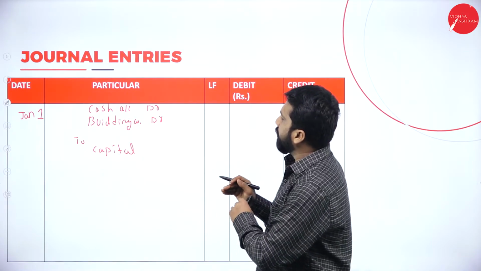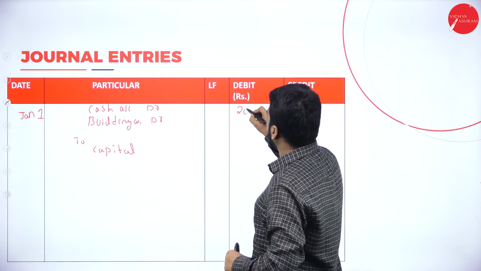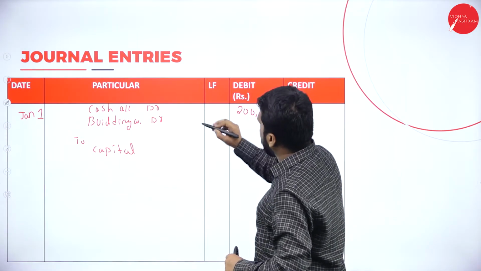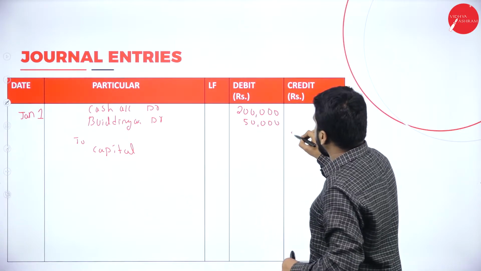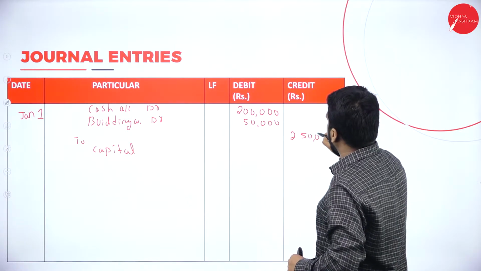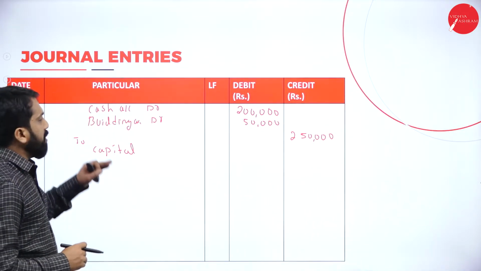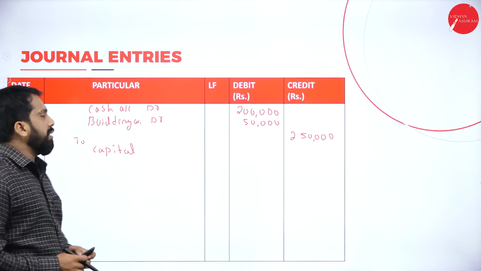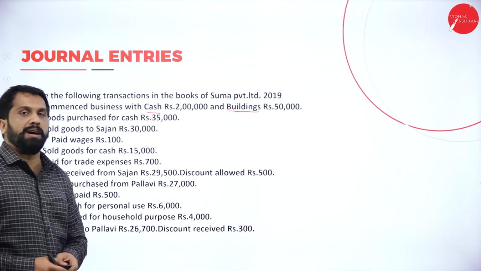Cash account, building account to capital account. Cash is how much? 2 lakh. Building is how much? 50,000. 2 lakh plus 50,000. Any doubt? No. Then, before you start your problem, remember, journalize the following transaction in the books of Suma Private Limited.